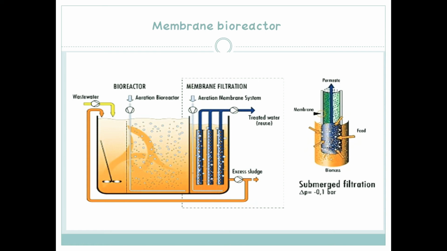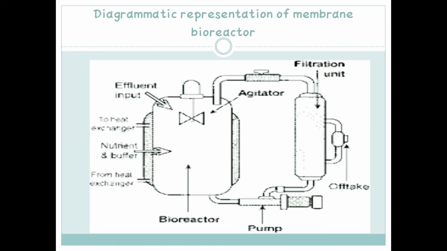These membranes are obtained in hollow fibers or flat sheet form. Applications are in enzymatic reactions, the production of primary and secondary metabolites by microorganisms and plant cells, and generation of antibodies by mammalian cells.